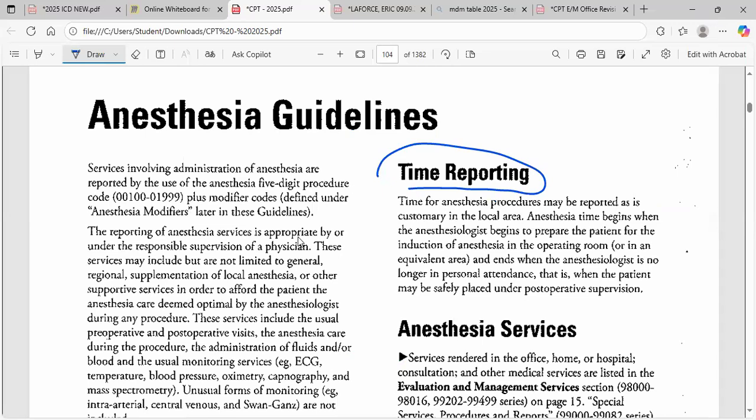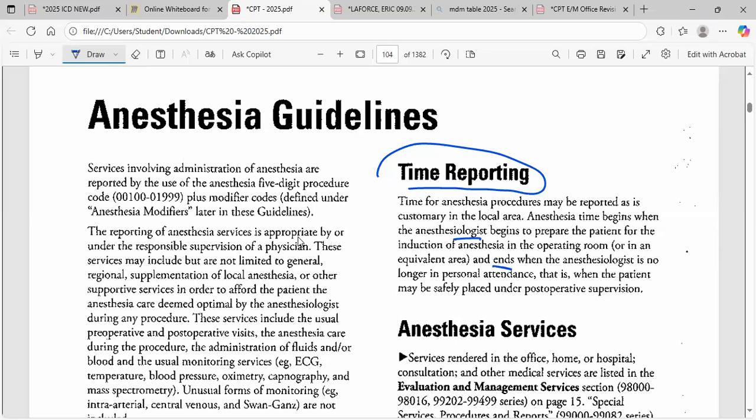So anesthesia time starts when the anesthesiologist enters the room. Once the anesthesiologist enters the room, the time has started, and when he comes out of the room, time ends. So anesthesia time is solely based on the anesthesiologist's presence.